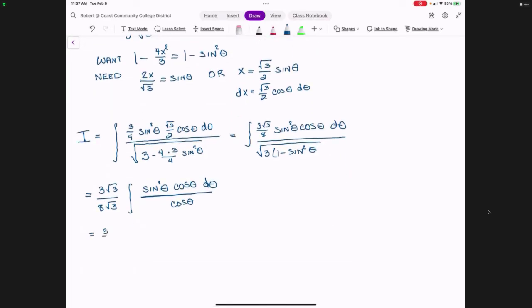So that's going to be 3/8. And how about I just cut to the chase? 1/2 theta minus 1/4 the sine of 2 theta.